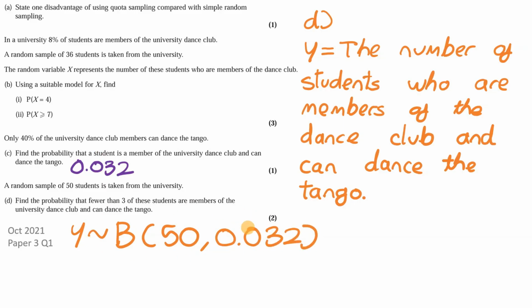So this is the binomial distribution for this situation. We're finding the probability for students that are members of the university dance club and can dance a tango from 50 students.